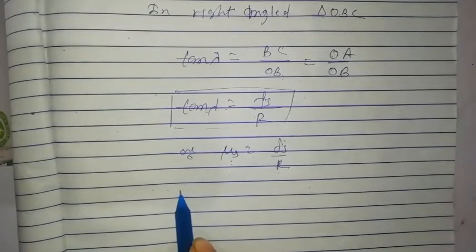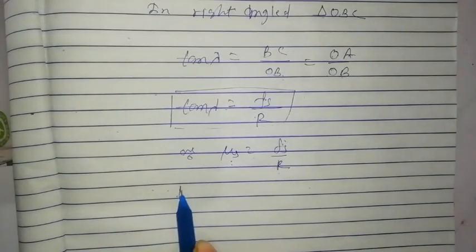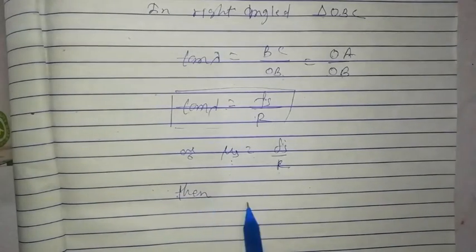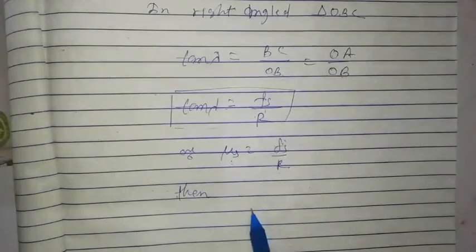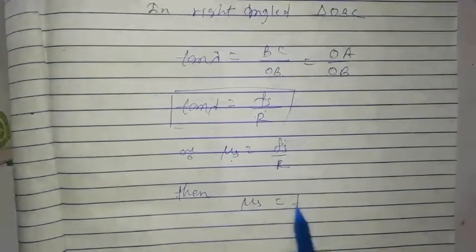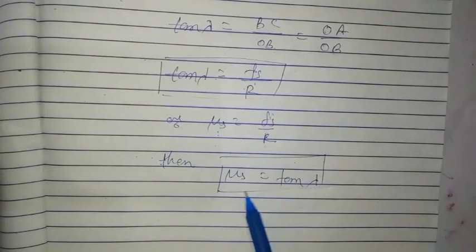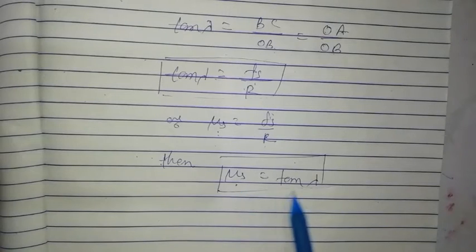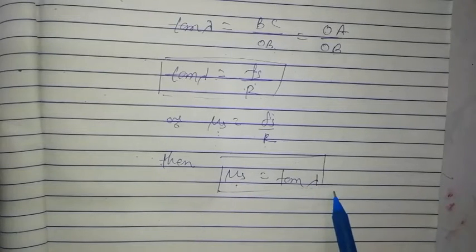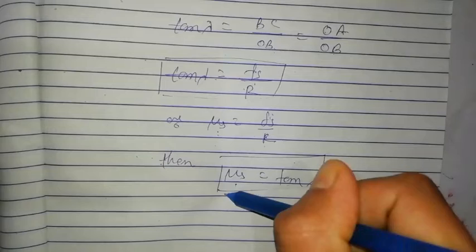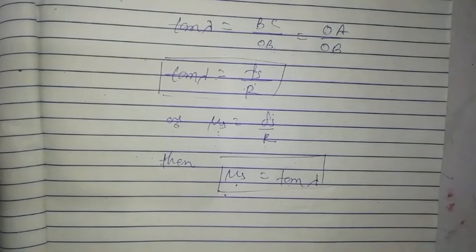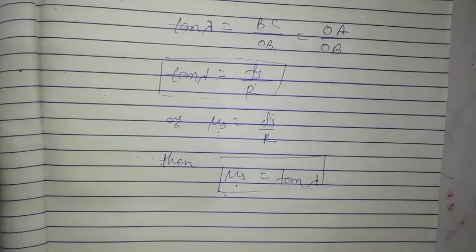Then mu s is equal to tan lambda. Thus, the coefficient of static friction is equal to the tangent of the angle of friction. For a perfectly smooth surface, the angle of friction is 0.